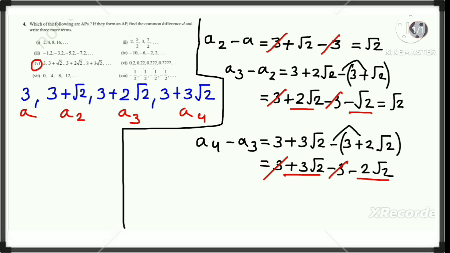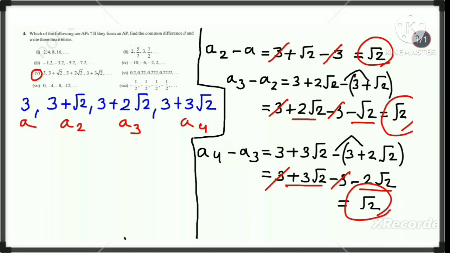After subtracting, we obtain 1 root 2. Okay, here we have obtained the same difference in between each term, that is root over 2, root over 2, root over 2.